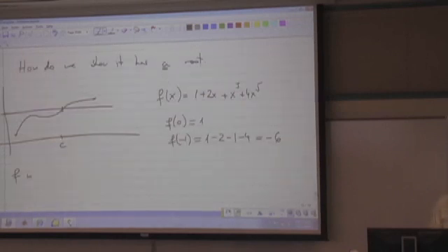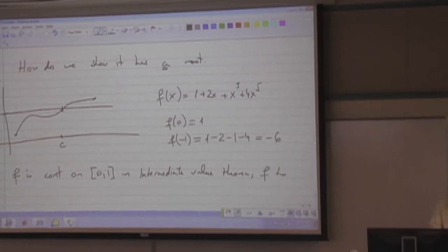Clearly f is continuous on the interval 0, 1. And so by the intermediate value theorem, f has a root in the interval 0, 1.